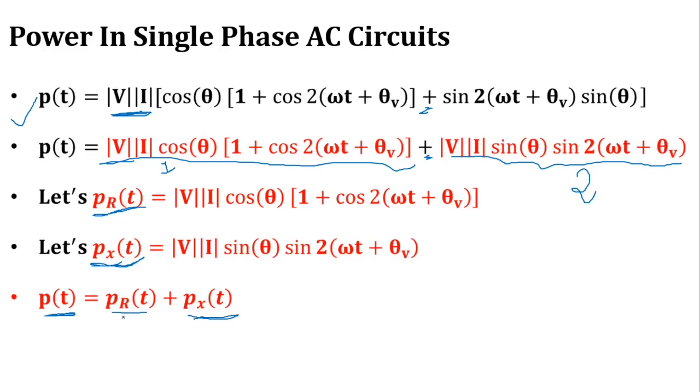That means PR(t) stands for active power and PX(t) stands for reactive power. Now to further analyze this power equation, we have to study this angle θ in certain depth, and then we will try to further analyze this power P(t).